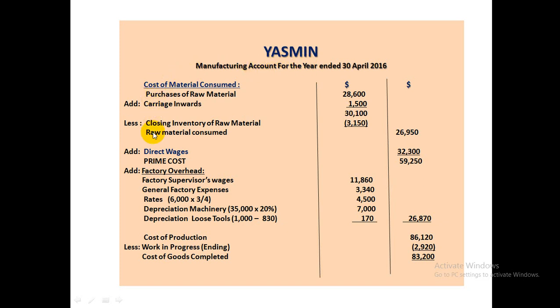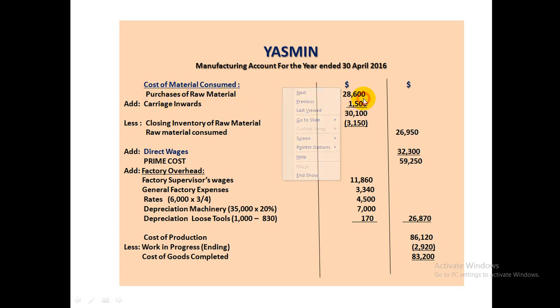Manufacturing account involves four main portions. Again, the direct expenses are not given in the question, so we'll focus on the raw material consumed and direct wages while calculating prime cost. Raw material consumed will not have any raw material opening inventory because Yasmin just started the business as stated in the question.